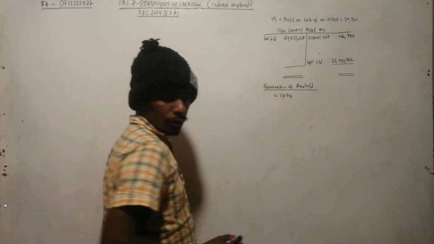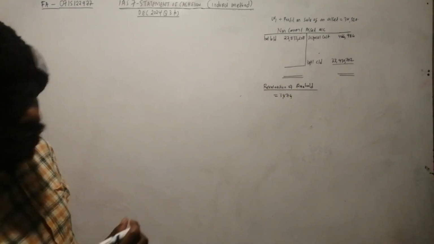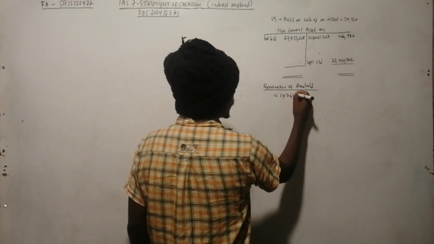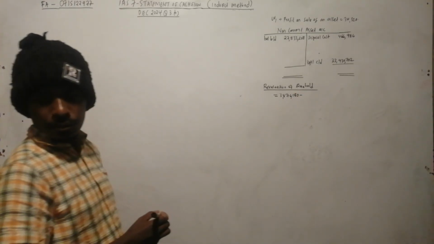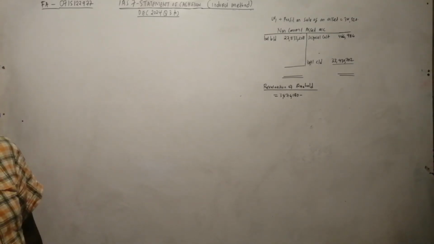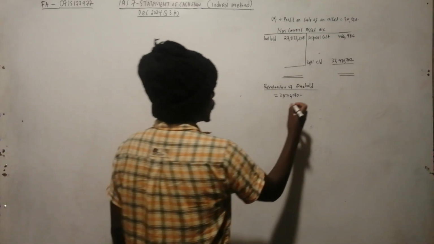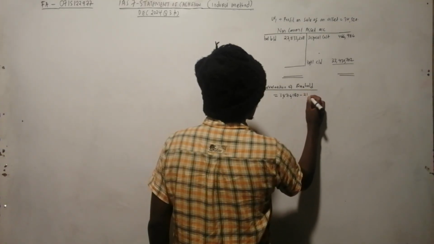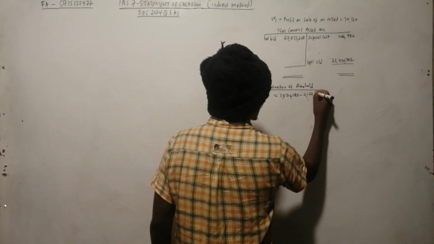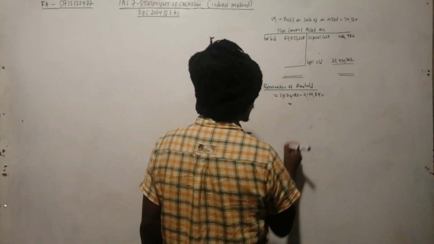So we say 38,76,080 minus 21,27,840. Now the difference between those will be the revaluation gain.